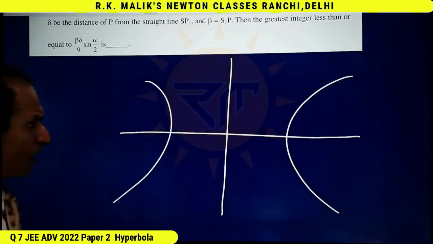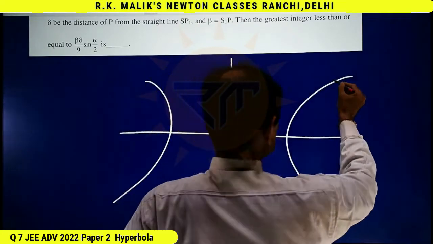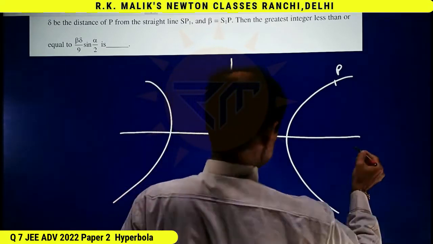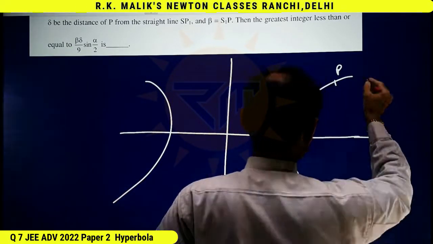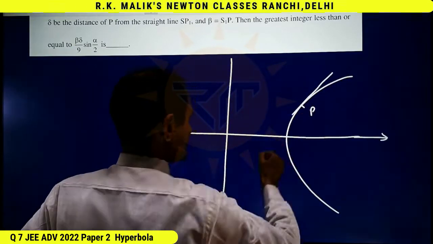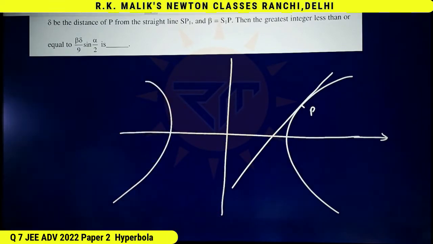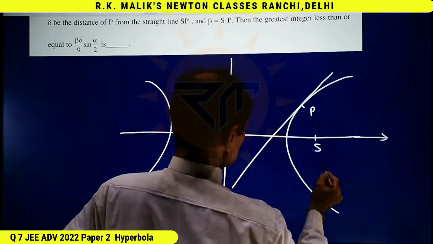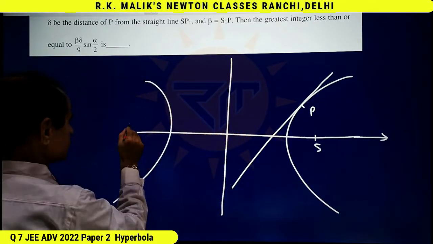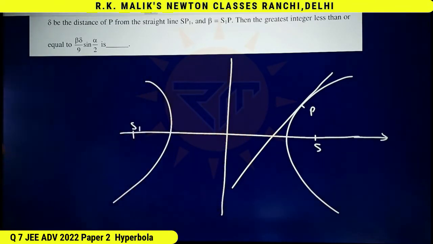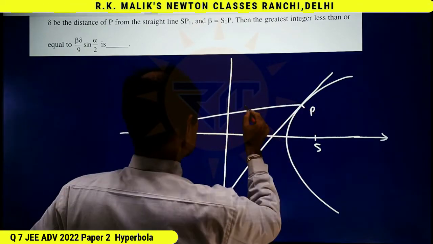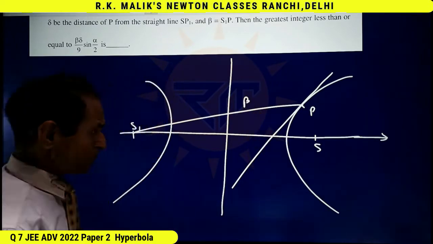This is a hyperbola, P is some point on the hyperbola in the first quadrant, and this is the tangent at P. S is one focus, S1 is the other focus. This length is given to you as beta.